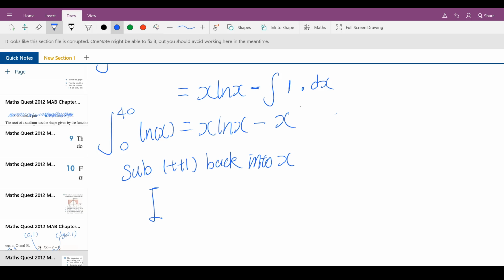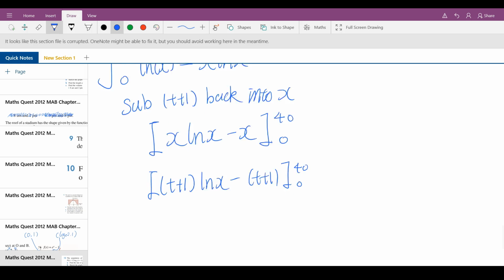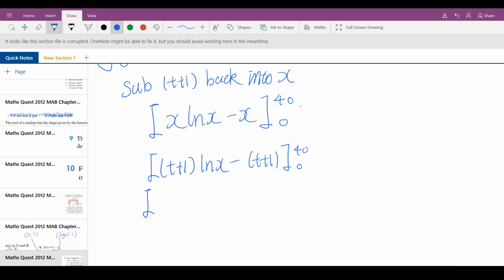So we got the integration, which is x ln x minus x, over 40, 0. And then we have to sub the t plus 1 back in. Minus (t plus 1). And we can factorize it a bit inside to make it look better. So it becomes, take the t plus 1 out, and then multiply by ln(t plus 1) minus 1, over 40, 0.